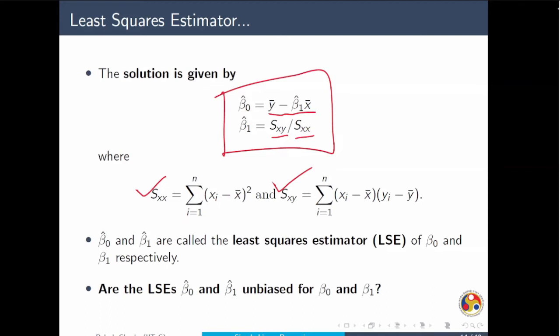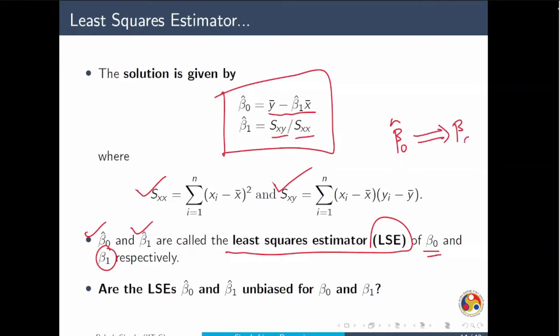So this beta naught hat and beta 1 hat are called the least square estimators, or LSE, of beta naught and of beta 1. When I'm writing beta naught hat, this is the estimate, and the corresponding parameter is beta naught. So hat means the estimate.